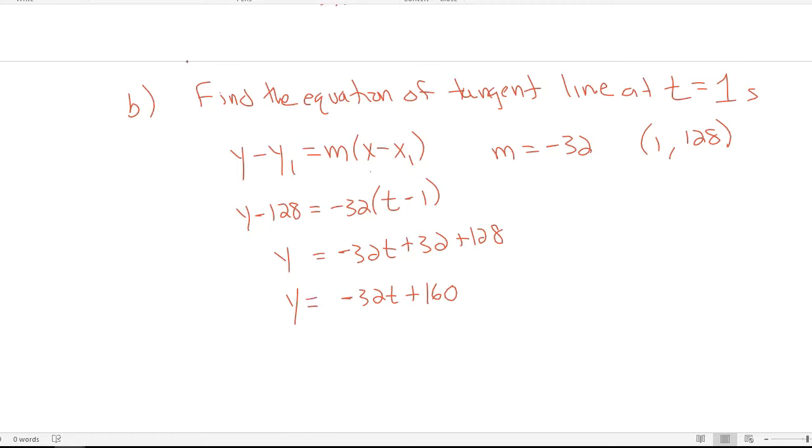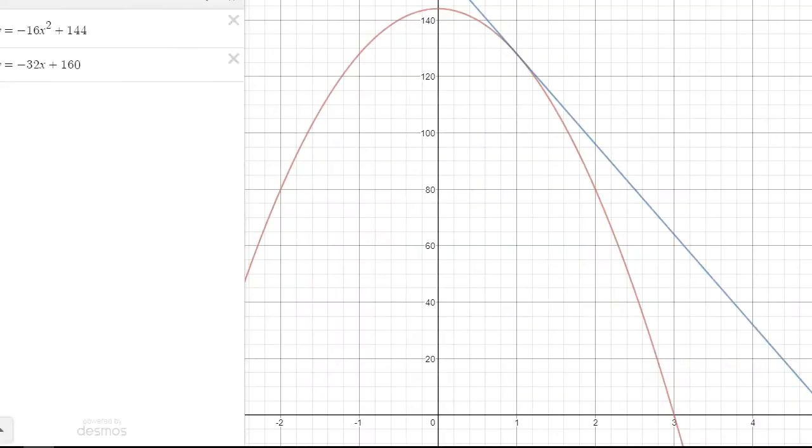So what I want to do then is graph the equation of our height and our tangent line. Let's visualize what we have here. I paused the video real quick and plugged this into Desmos, and I adjusted my viewing window. My heights go from 0 to 144, so I did a viewing window of about 0 to 150.